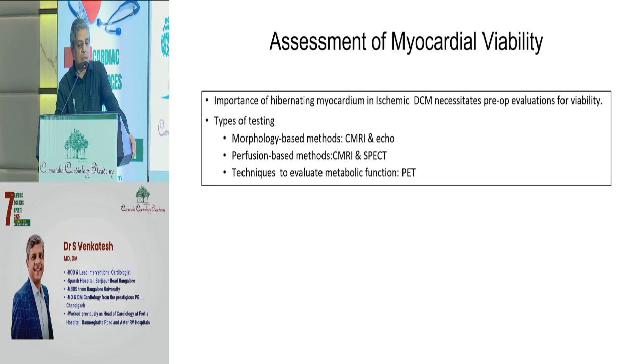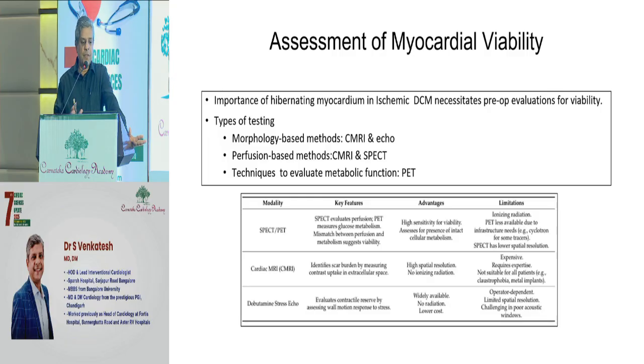How do we test for myocardial viability? There are three types of tests: morphology-based tests, which are like cardiac MRI and echo; perfusion-based methods, cardiac MRI again, and SPECT; and also the metabolic function of the myocardium can be tested by PET scanning.